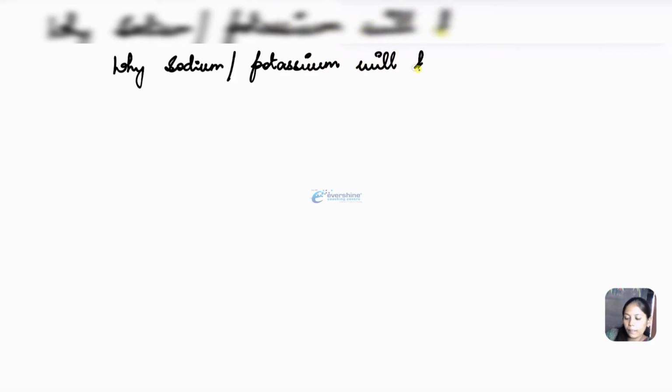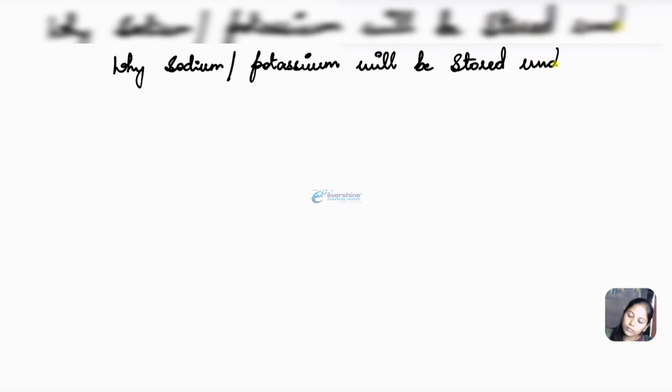This is also an important question that comes in the exam. What answer do we need to write for this? Why will sodium and potassium be stored under kerosene?